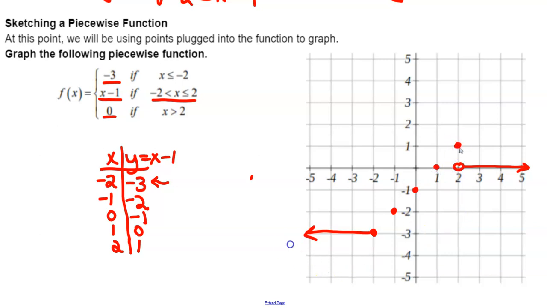And I did a solid dot there because there is the equals that allows for that. So if I want to connect those dots from -2 to +2, that completes the graph of my piecewise function. Again, you can graph them all individually, chop them up by the x values, and then get your graph.